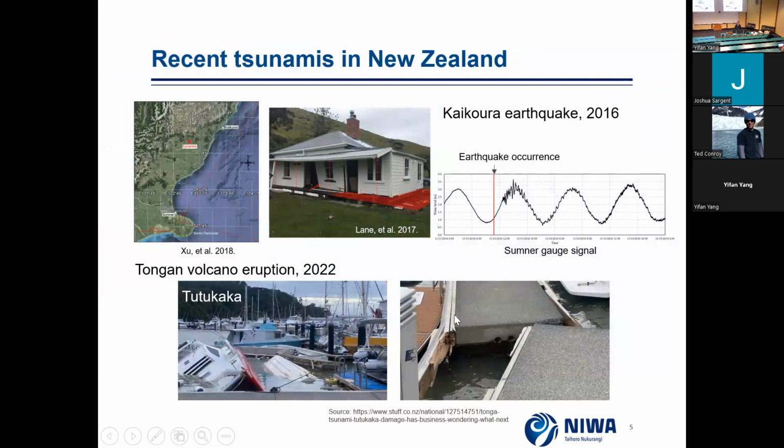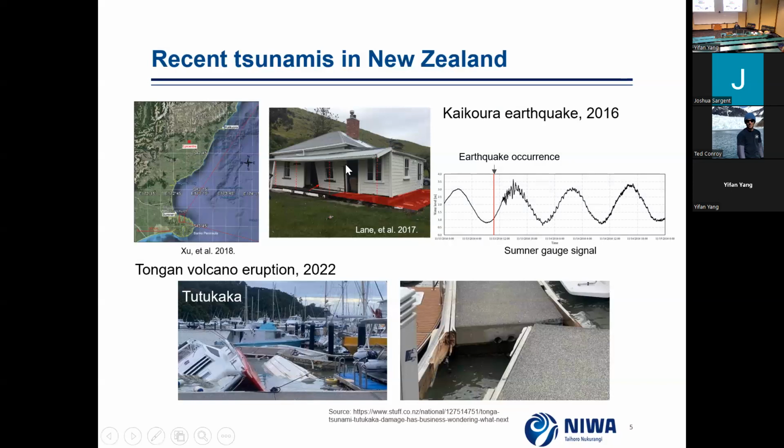And also, recent tsunamis in New Zealand. In 2016, the Kaikoura earthquake, which is here, the center, not in the ocean but on the land, also caused a small-scale tsunami in South Island, Banks Peninsula, especially in some V-shaped bays like Little Pigeon Bay.